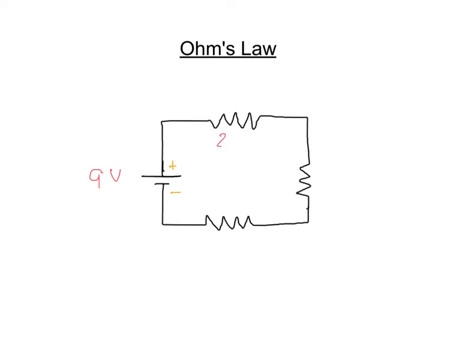I'm going to say this is a 2 ohm resistor, this a 3 ohm resistor, and this a 4 ohm resistor. Current is going to flow from the positive terminal to the negative terminal, and it's going to go clockwise.